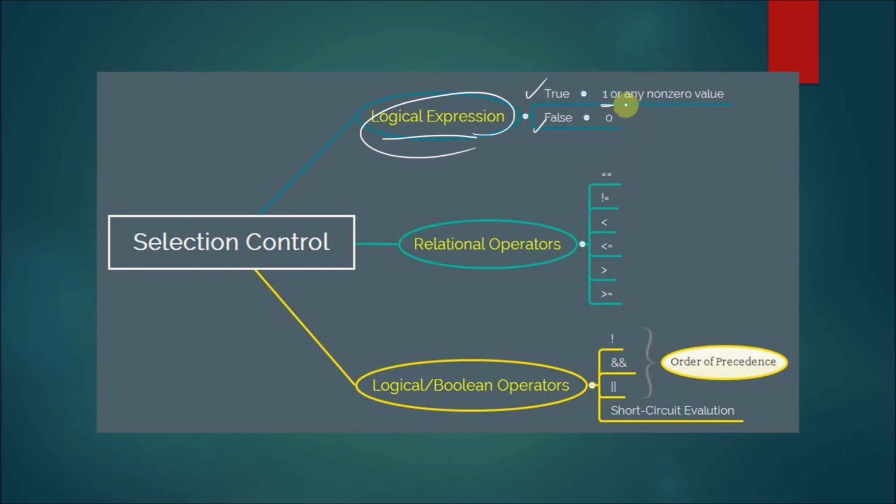One or any non-zero value evaluates to true and can represent true, and then zero is false. This is important to note, especially when we run into perhaps bugs going forward. It's important to note that any non-zero value evaluates to true.